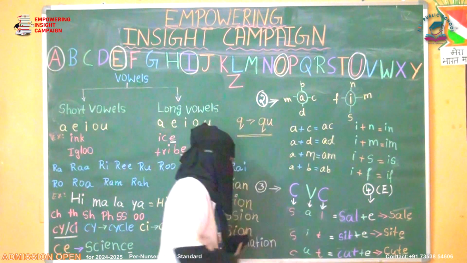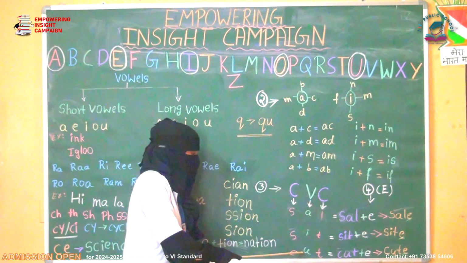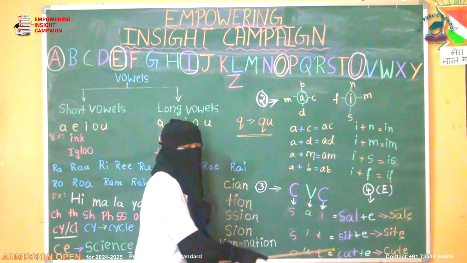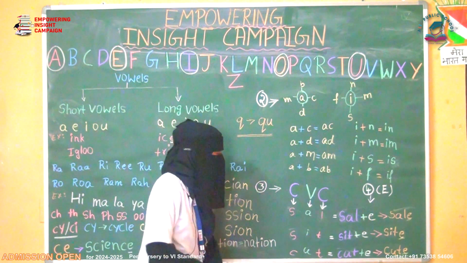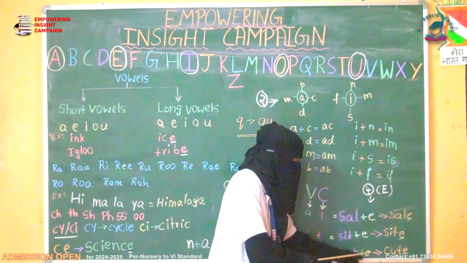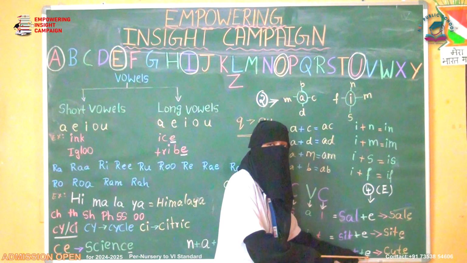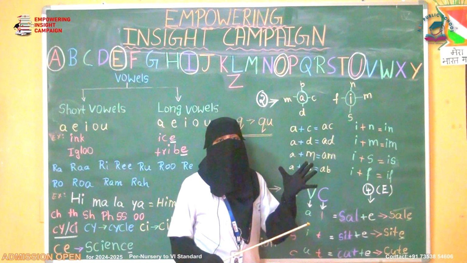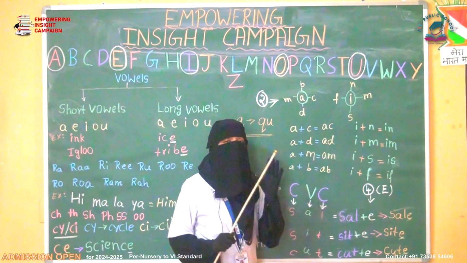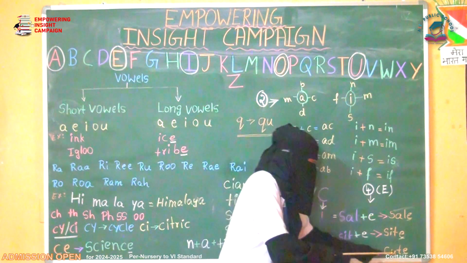Next I'll show you one more example. K-a-t. It's a cut. The same way, if you are adding E at the last, the pronunciation also changes. How will it be?